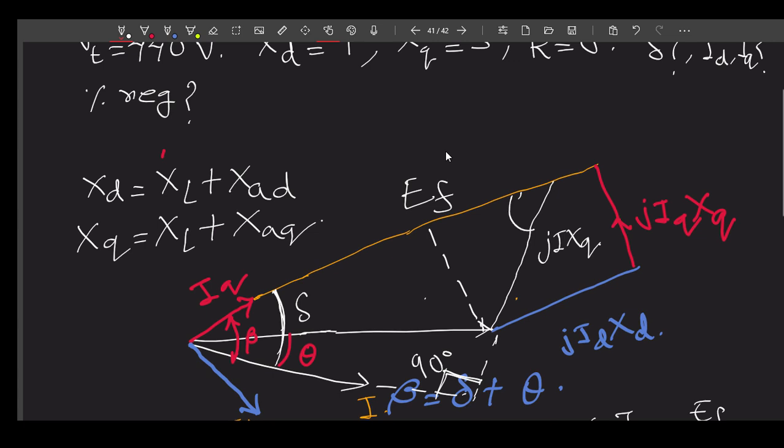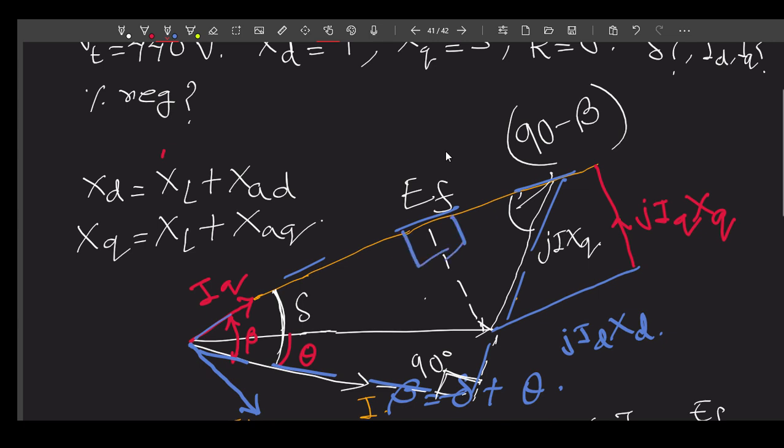Therefore this angle will become 90 minus beta. I am considering this larger triangle. So if this is 90 minus beta, this is 90, this is 90, then this should also be beta, right?